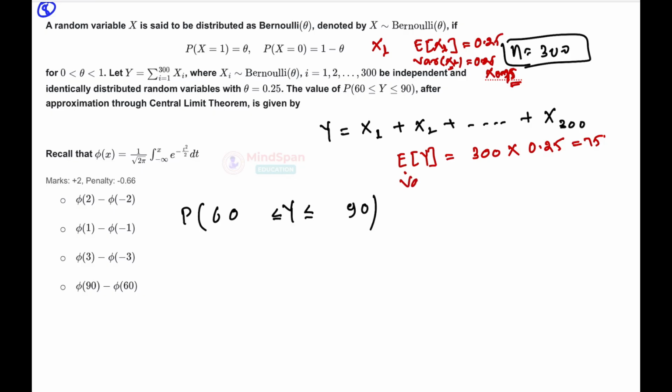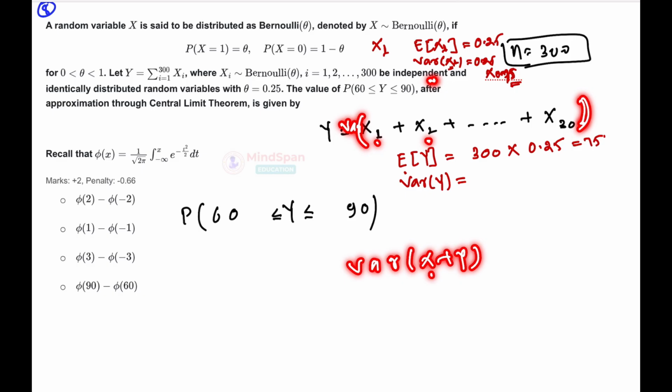What will be the variance of this random variable y? Recall, what is the variance of the sum of these random variables? The very important point is that all these random variables are independent. So the variance of x plus y, if x and y are independent, has no covariance terms, right? It will be the variance of x plus the variance of y.